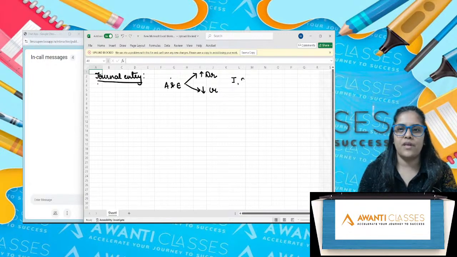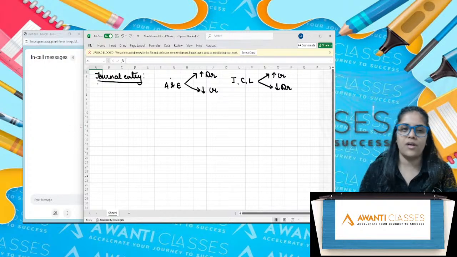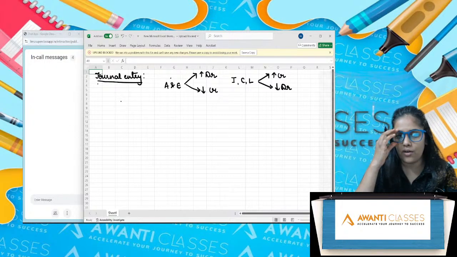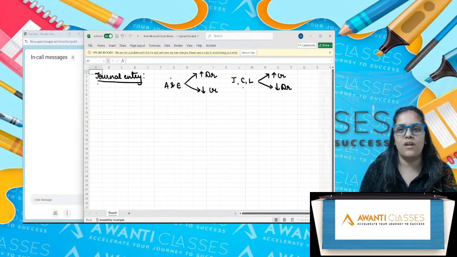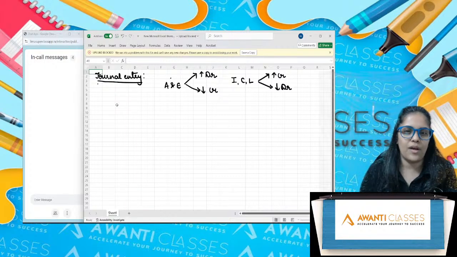If income, capital and liability are increasing, then you should credit. And if they are decreasing, then you should debit. These are the rules. I really hope everybody has made sure that they have learned this for today's class. So today we will be learning a lot of journal entries from this concept.